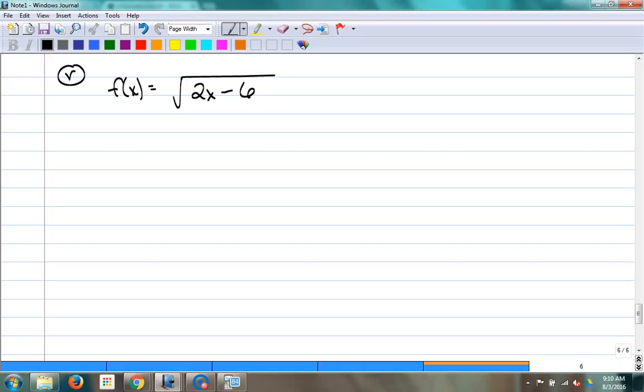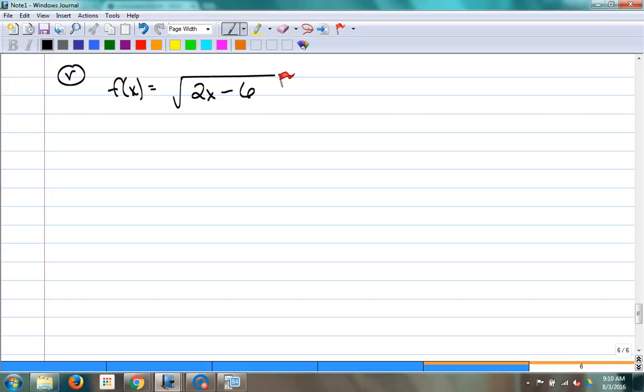Is there a red flag? Yeah, there's a square root with a letter inside of it. It's also got a 2x and then minus 6 inside of that. So there's the red flag, that square root there. That's going to tell me I can only deal with what kinds of numbers. Well, what numbers can we take the square root of and not get an imaginary number?